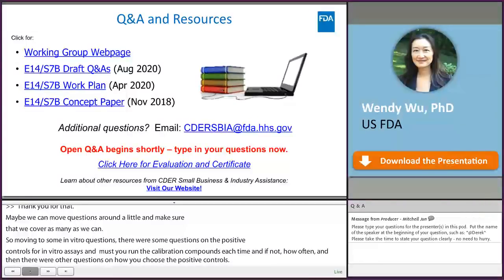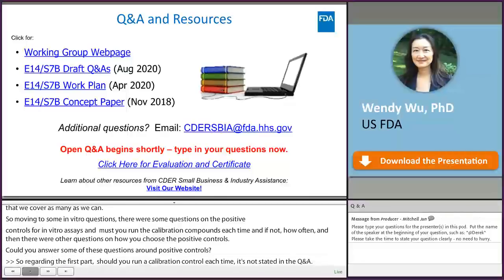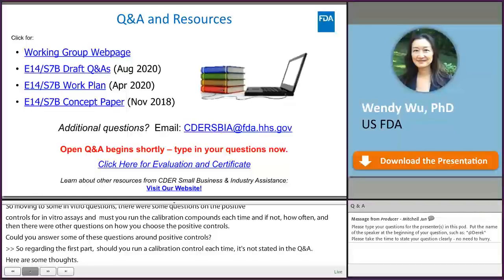Sure, thank you for the question. So regarding the first part, does a sponsor need to run calibration controls each time a new test article is examined? The answer to this question is actually not stated in the ICH S7B Q&A. And here are some thoughts. One practical approach can be periodic generation of the reference data to demonstrate assay reproducibility and sensitivity. Now, this is stated in the S7B Q&A 1.2.